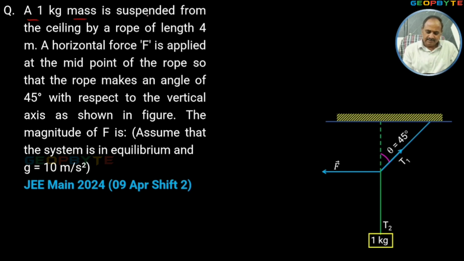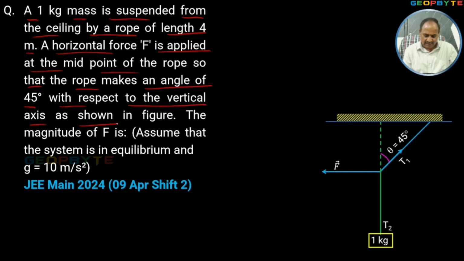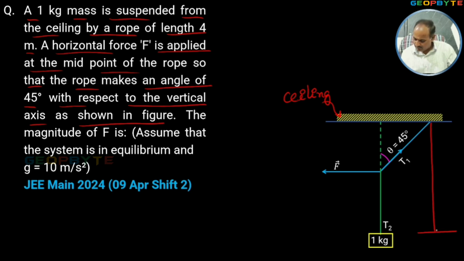It is asking like this. A 1 kg mass is suspended from the ceiling by a rope of length 4 meters. A horizontal force F is applied at the midpoint of the rope so that the rope makes an angle of 45 degrees with respect to the vertical axis as shown in the figure. Look at the ceiling. For that ceiling, a weight is connected by means of a rope.